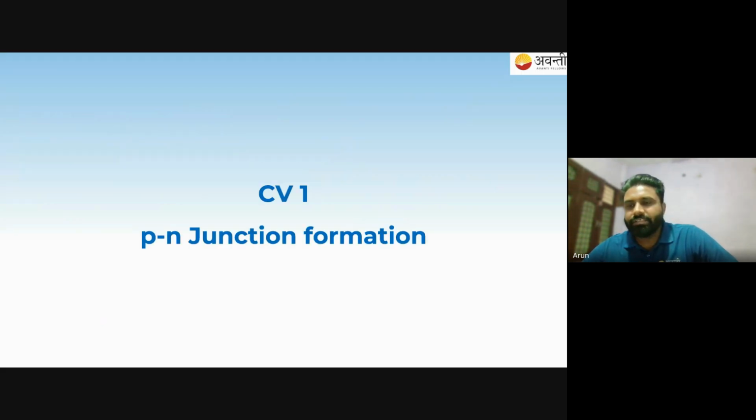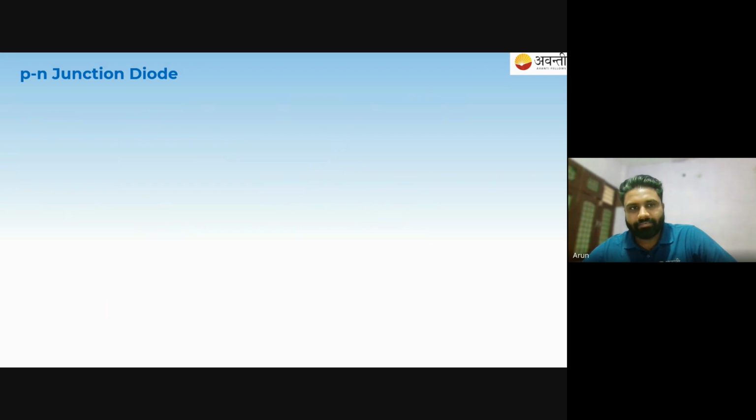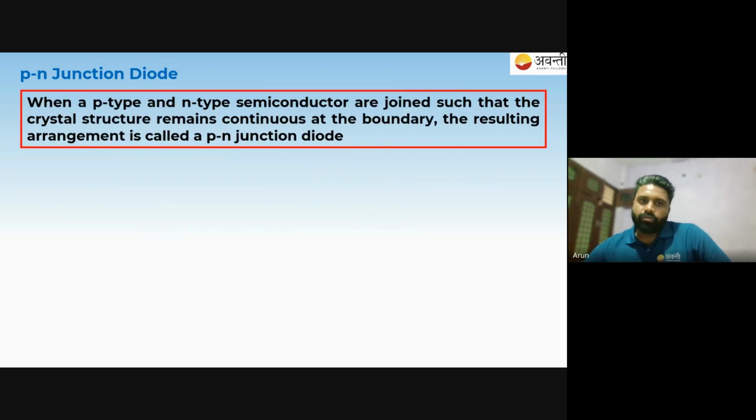Now, what is p-n junction formation? Let us discuss it. When p-type and n-type semiconductors are joined, whatever is formed at that junction is called the p-n junction. In this definition, a p-type and n-type semiconductor are joined such that the crystal structure remains continuous at the boundary.